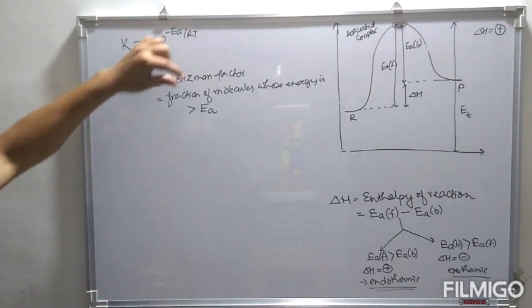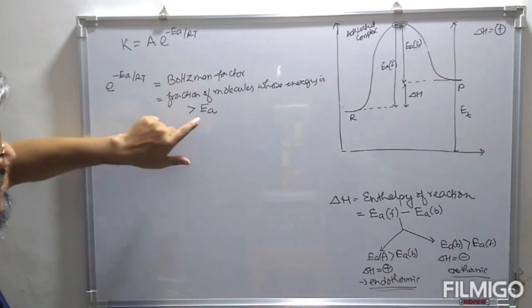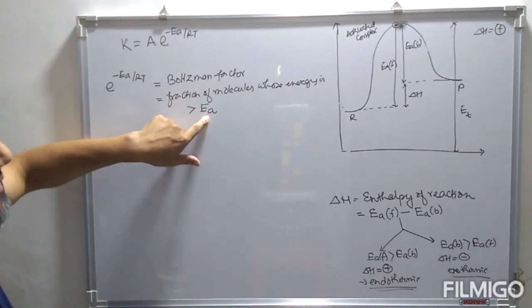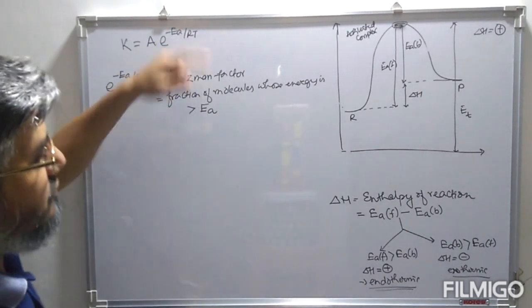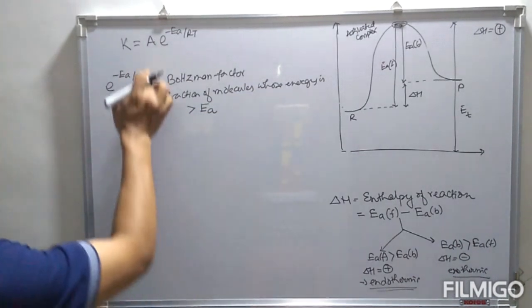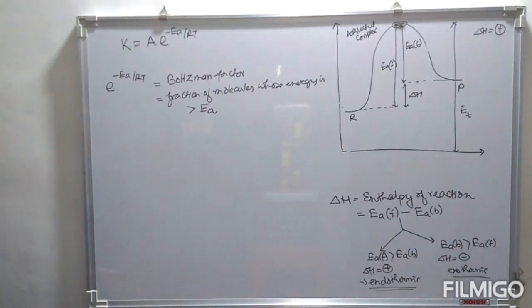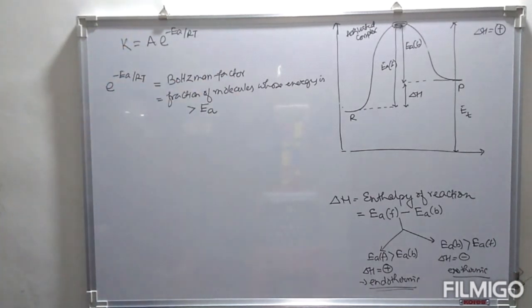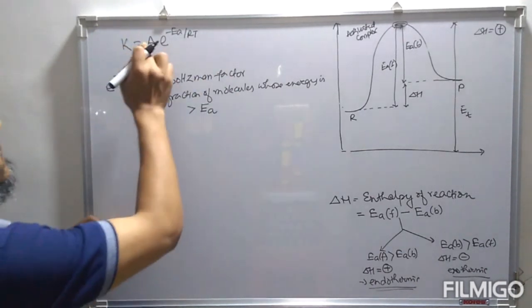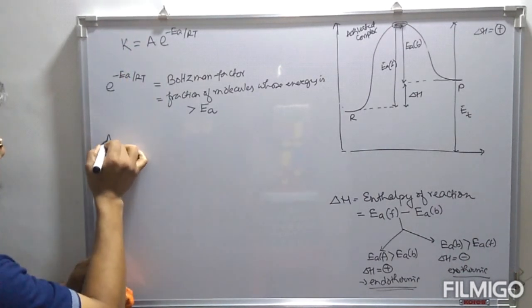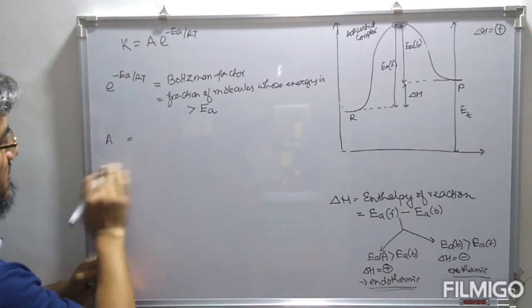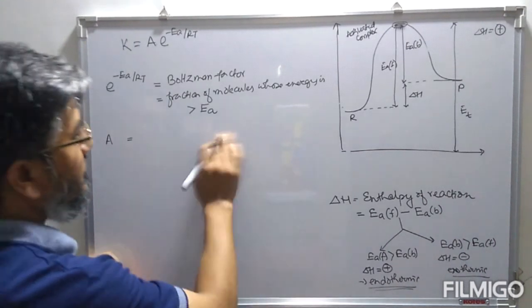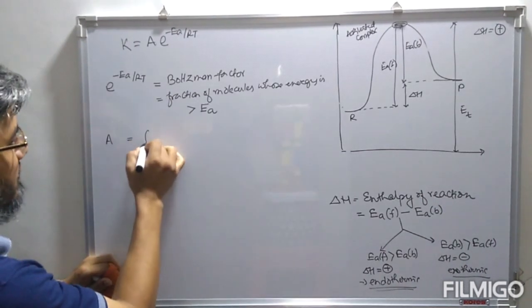Only those colliding molecules whose energy is greater than this minimum energy will lead to the formation of product. So this defines the fraction of molecules converting into the product. This A is defined as the exponential factor or frequency factor.